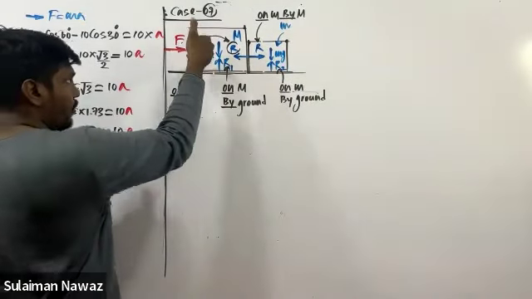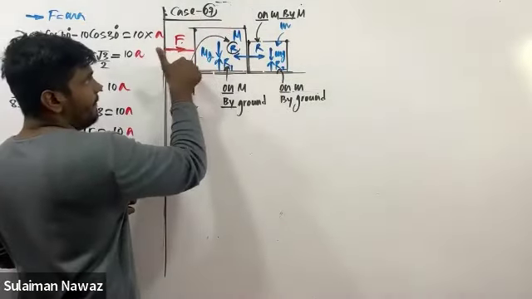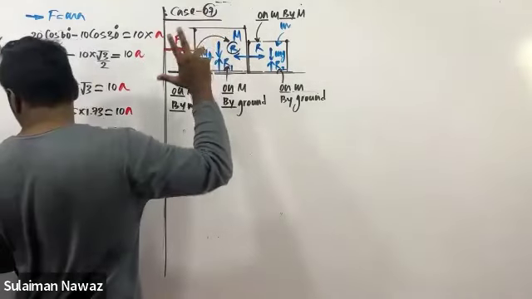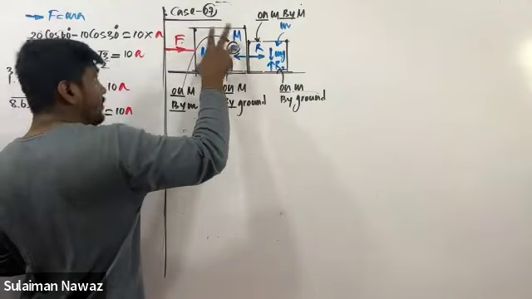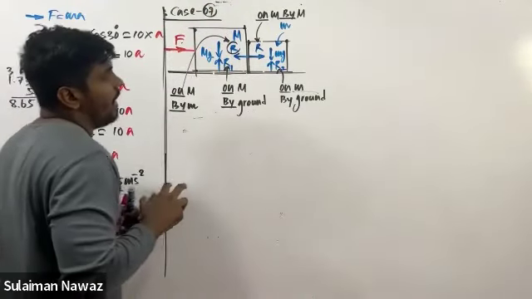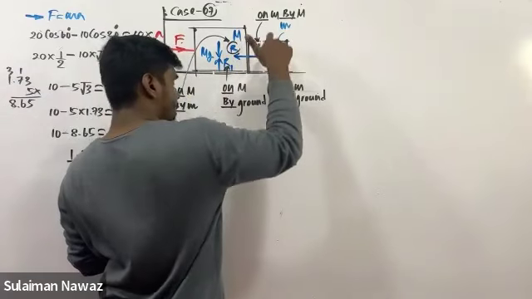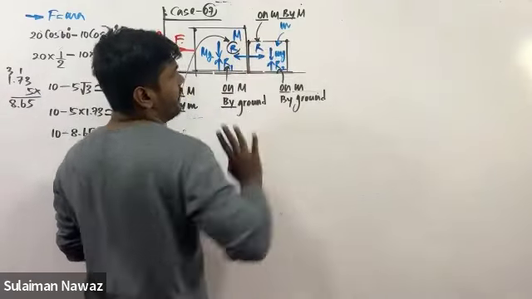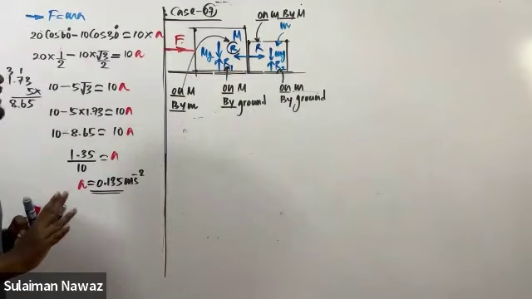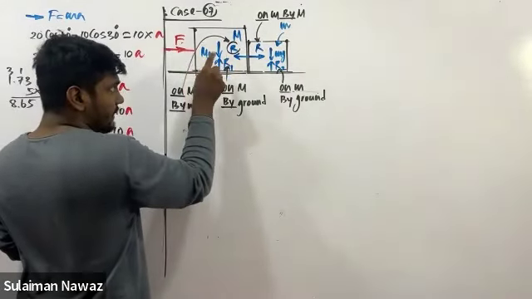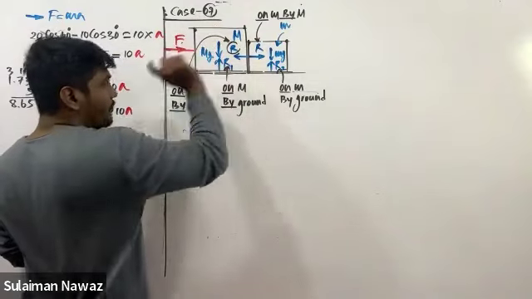How many total forces are acting on capital M? R, mg, R1, and F: there are 4 forces acting on capital M. How many total forces are acting on small m? R, mg, R2: there are 3 forces. How many vertical forces act on capital M? There are 2: capital Mg downwards, R1 upwards.